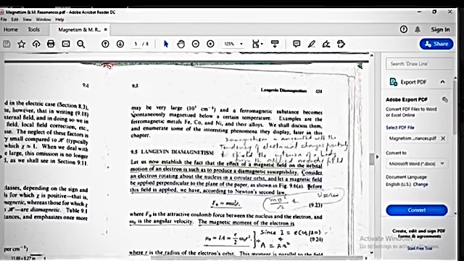It is 10 to the power plus 5, unlike the paramagnetic, in which the magnetic susceptibility was in the range of 10 to the power minus 5. But here it is 10 to the power plus 5. Very high value. That's why these substances are called ferromagnetic substances.